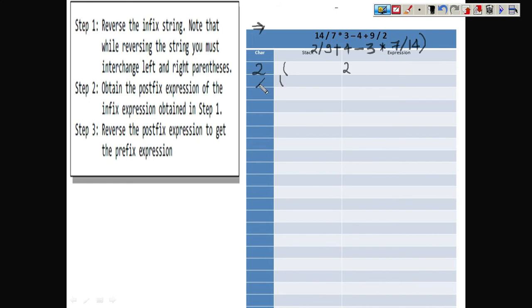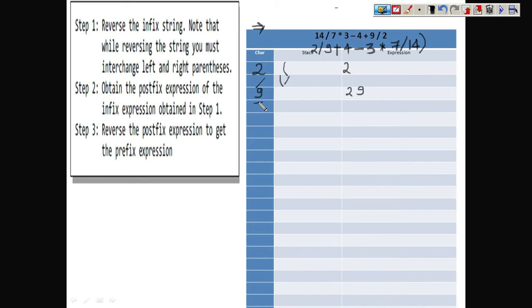So when you see any operator, you need to look into the stack and check if the stack contains any operator of higher precedence. This time there is no operator, so you simply push this here and the rest remains the same. Then 9, so 9 is going to be added into this expression B. Now when I am not writing here, that means the status of the stack will remain the same.